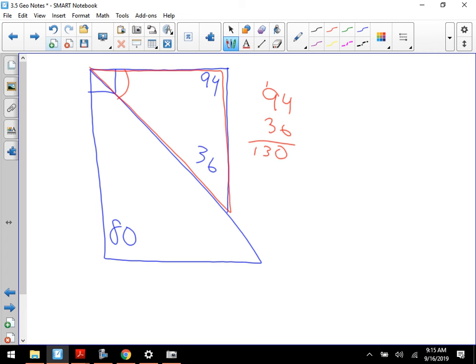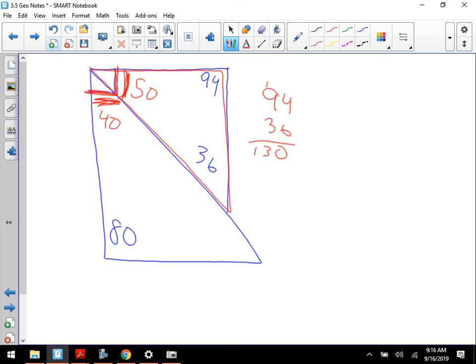So you get 130. Everybody okay with that for those 2 add up? Which means how many degrees are left for just this angle here? 50. Which means how many degrees are on this side? 40. Everybody see that? You're using what you're given here, that symbol means it's 90 degrees.